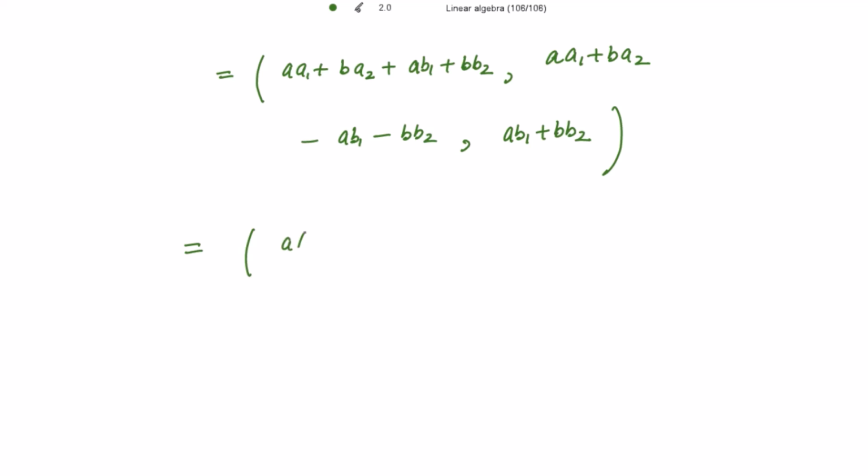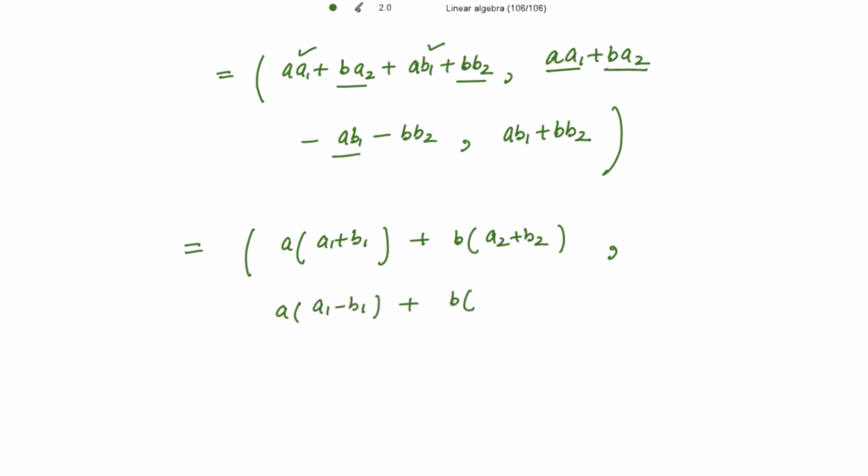Taking a outside, we take a common from the terms. So from these two we have a(a1 + b1), and now taking b common we have b(a2 + b2), comma, again taking a common from this, that is a(a1 - b1) + b(a2 - b2), comma, writing this as it is, a b1 + b b2.